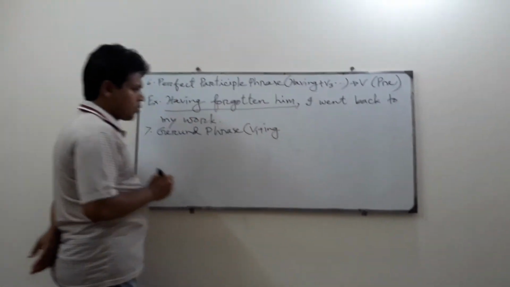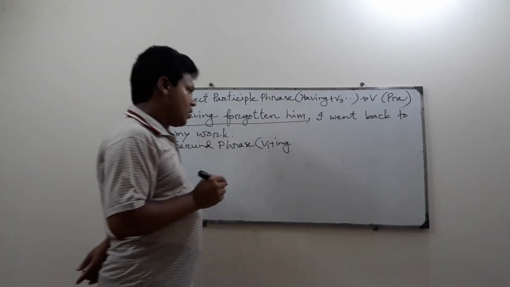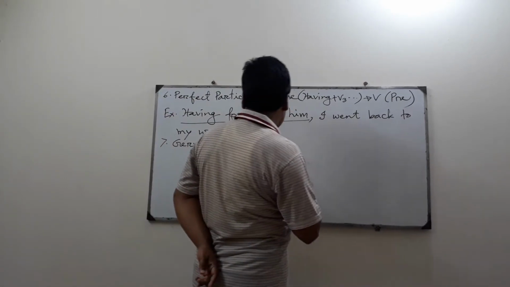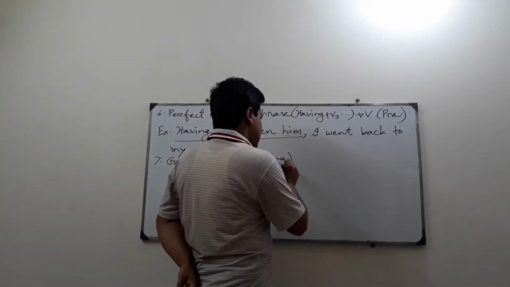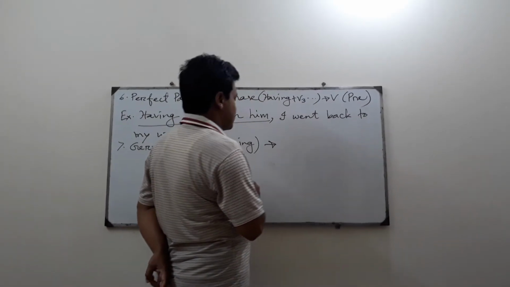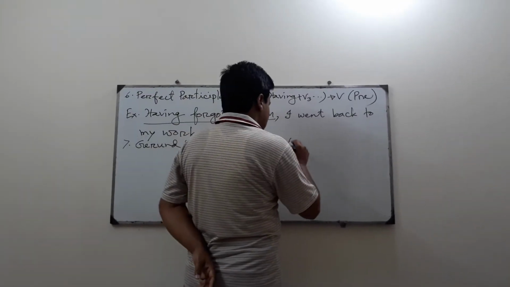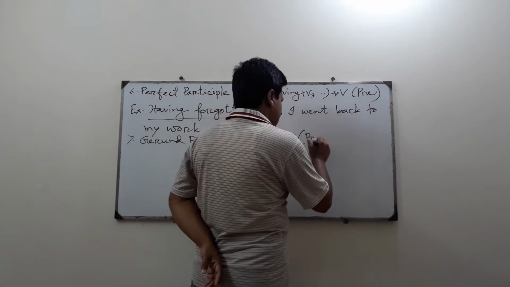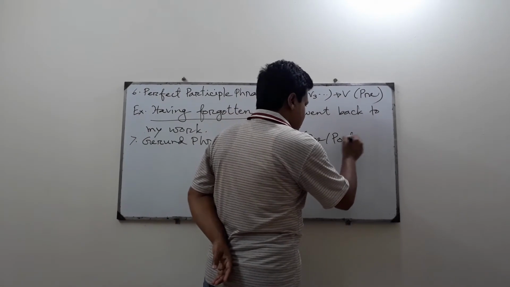It is also formed by adding ing to the base form of a verb, and it acts like a noun. But the gerund phrase usually modifies a verb. It may be a pre-modifier, or it may be a post-modifier.